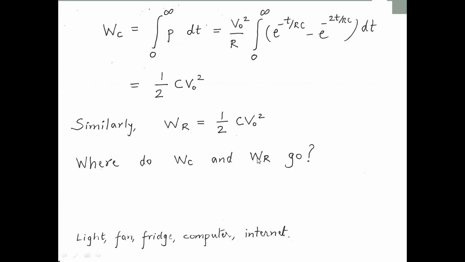Where do these go? Do you know? Of course you can't answer, but the resistor converts this energy to heat, and the heat is radiated and dissipated by the resistor. The capacitor, on the other hand, stores this energy and keeps it, and at some later point of time it may deliver it back to the circuit when the circuit conditions change.